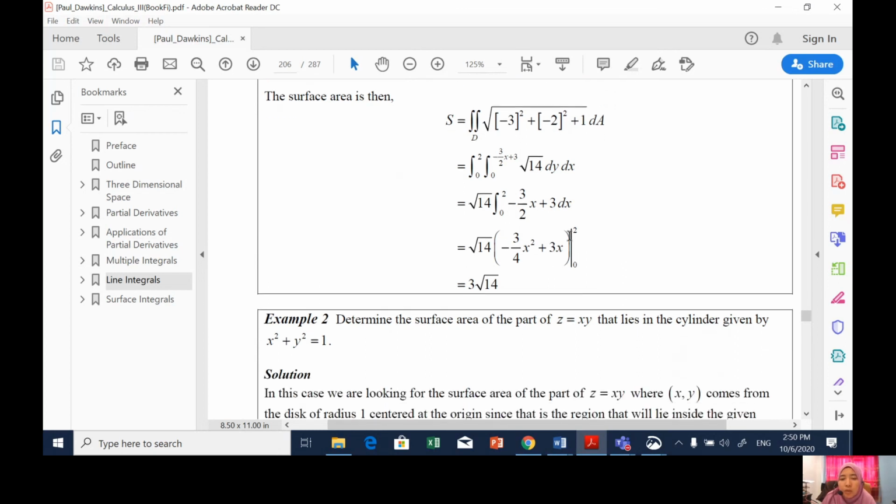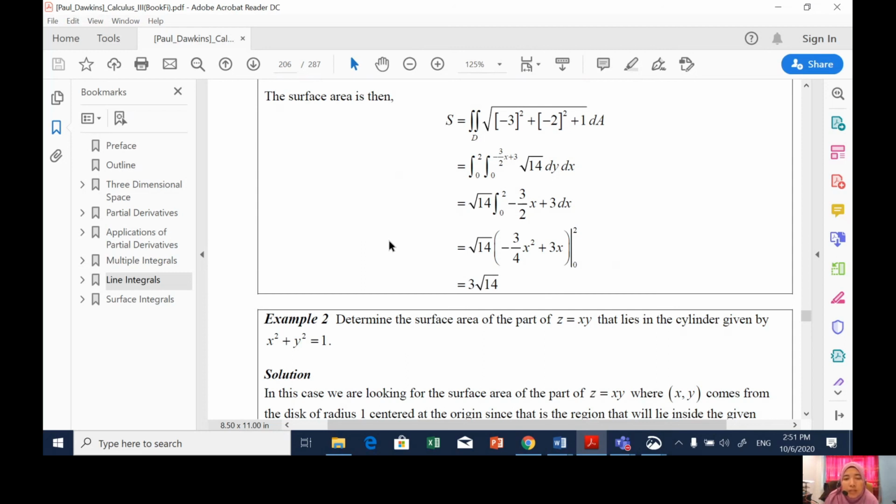Finally, we evaluate the definite integral from x = 0 to x = 2. When x is 0 it is 0, so we just need to evaluate for x = 2. Then we have the final answer as 3 square root of 14. You can leave it in terms of the square root of 14, or you can express the number in decimal form.